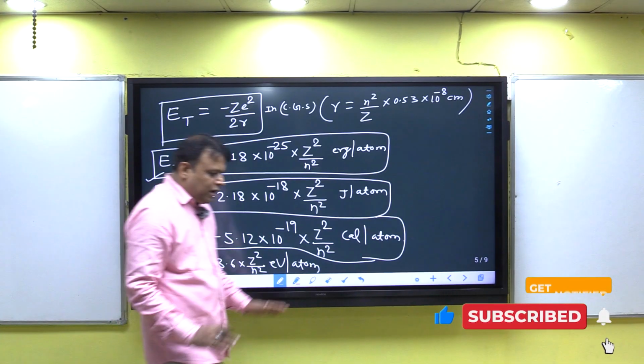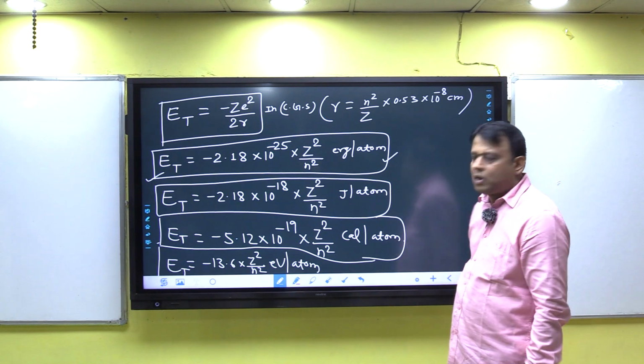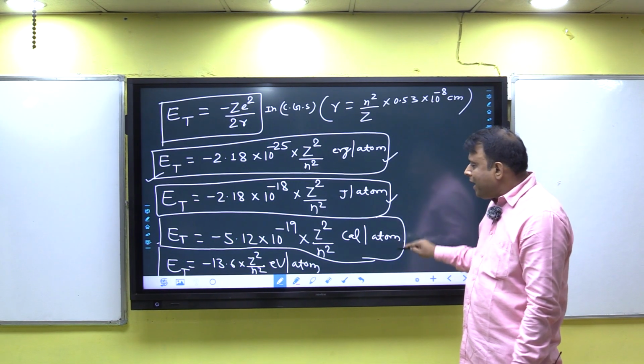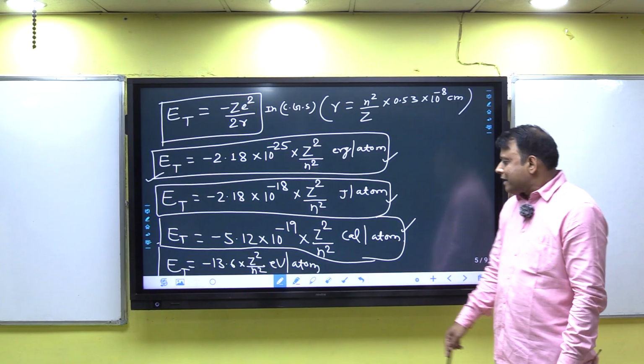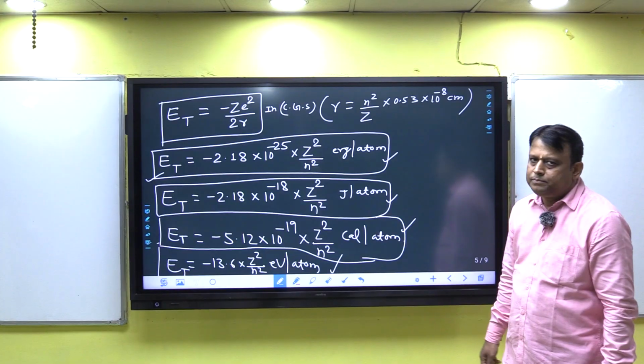Again repeating in different units: total energy in erg per atom, in joule per atom, in calorie per atom, and in electron volt per atom.